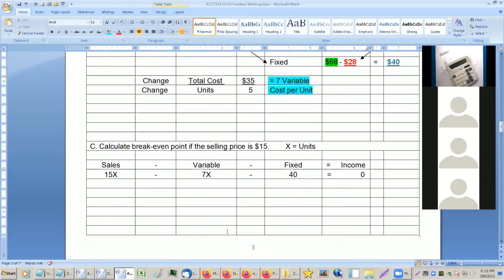And so we just solve for that. So 15x minus 7x is 8x.